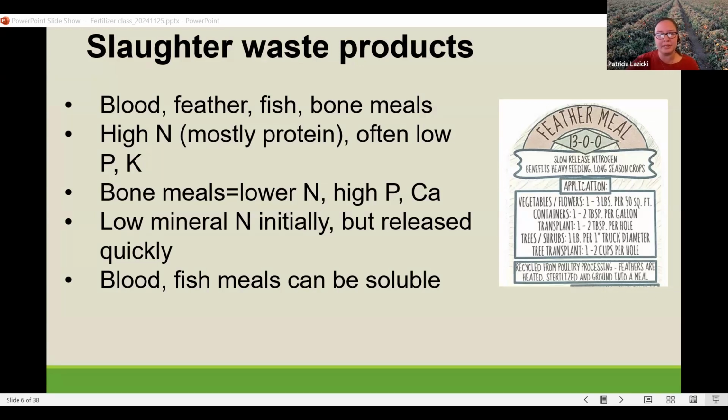And again, because the nitrogen is in the form of proteins, these are really small, simple molecules. They're really easy to break down. The carbon bonds aren't that complex. So you'll have low available N initially, but it'll be released quickly. And just to mention that blood and fish meals can be soluble, so these materials can also be fertigated.